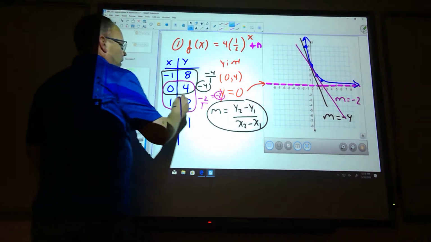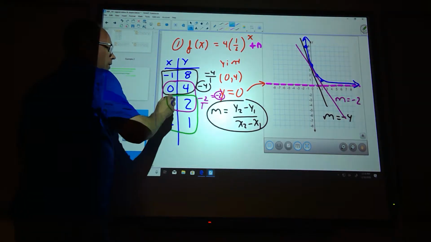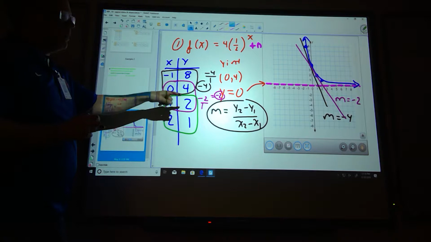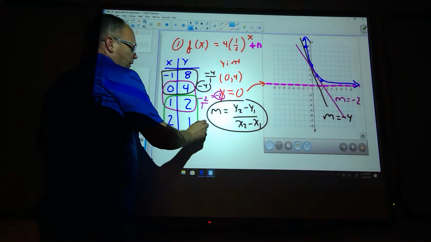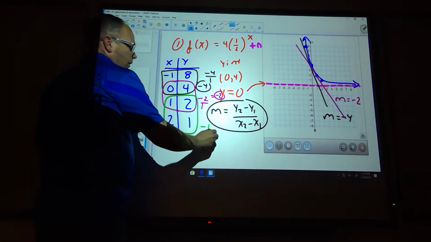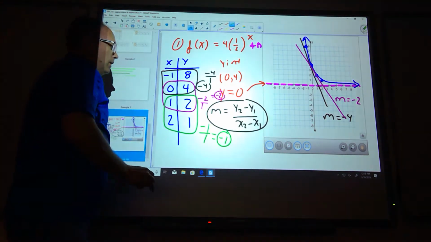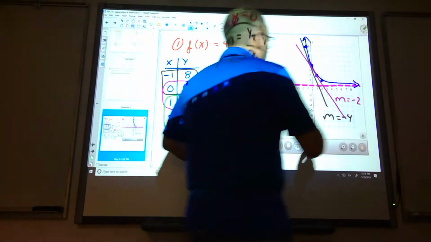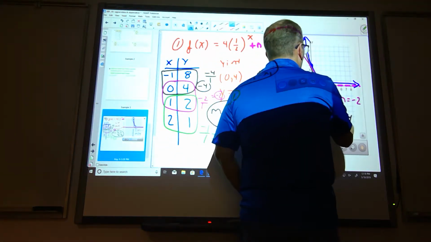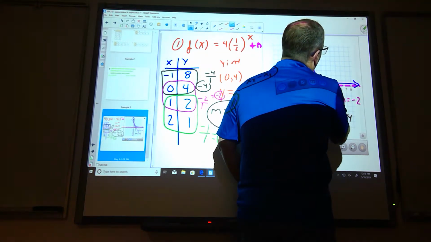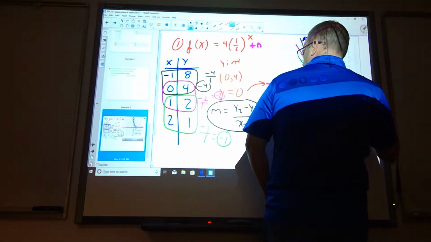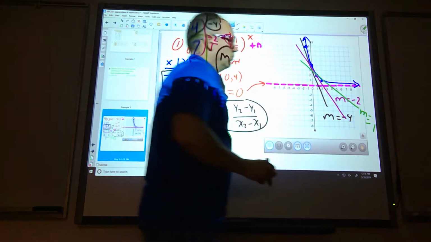And then the last one, these two. So I get 1 minus 2 is negative 1. 2 minus 1 is 1. So I get a slope of negative 1. And so from 1 to 2, the slope is negative 1. Cool.